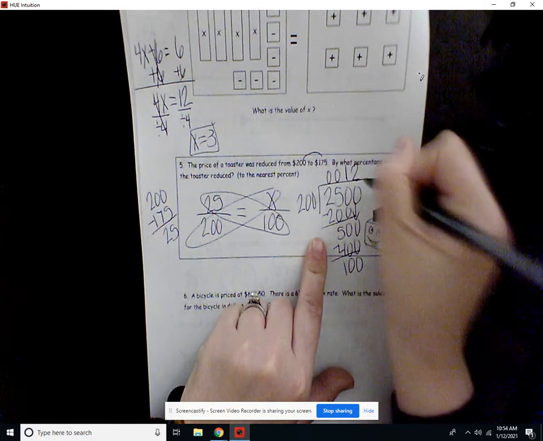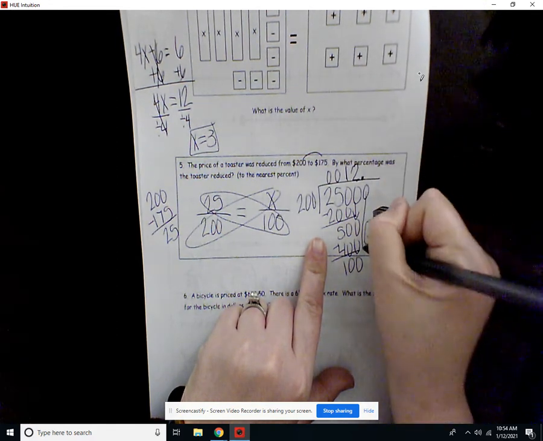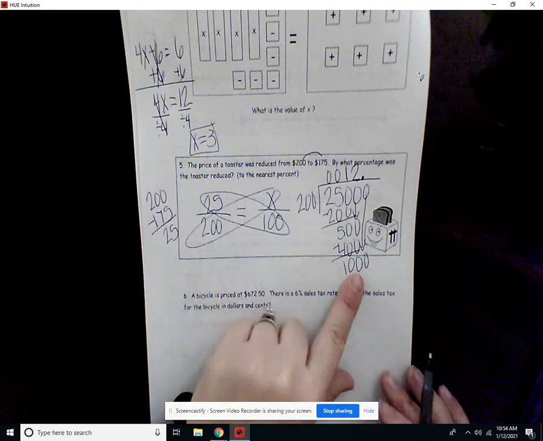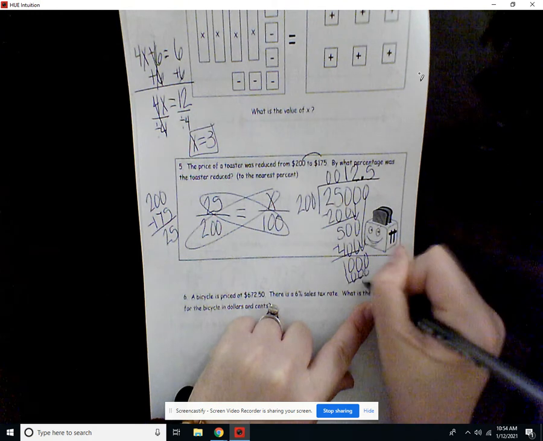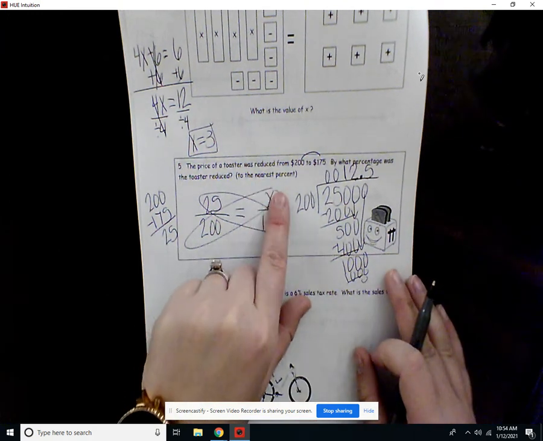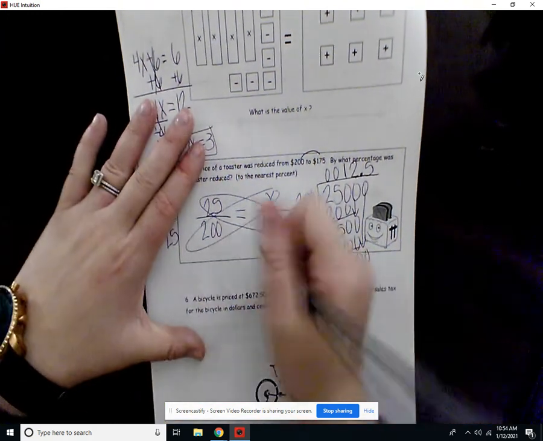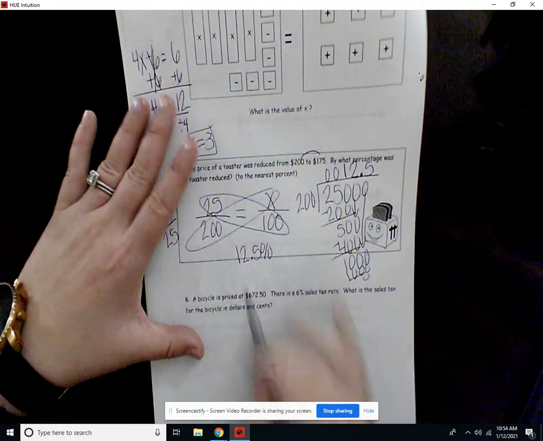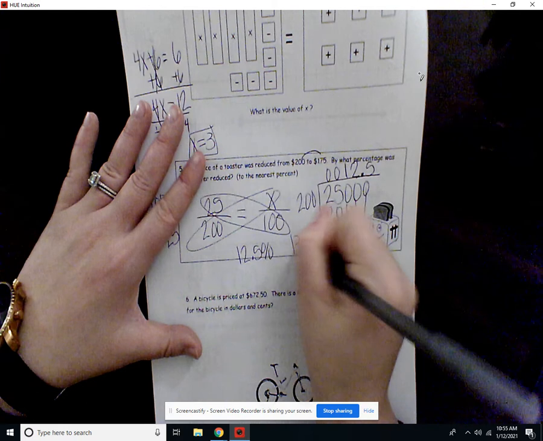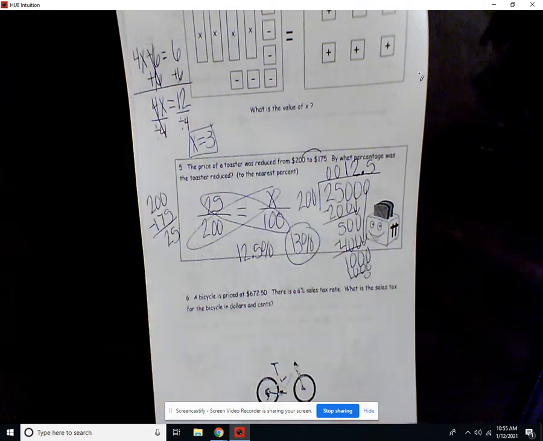And then it's going to be a decimal, so we're going to add a 0, bring it down. 200 into 1,000 is 5. So the question says to the nearest percent. So we have 12.5%. And if we round it to the nearest percent, that's going to give us 13 for our answer.